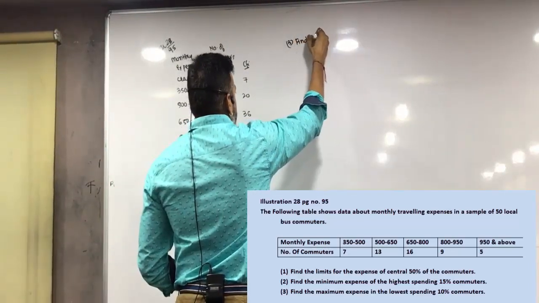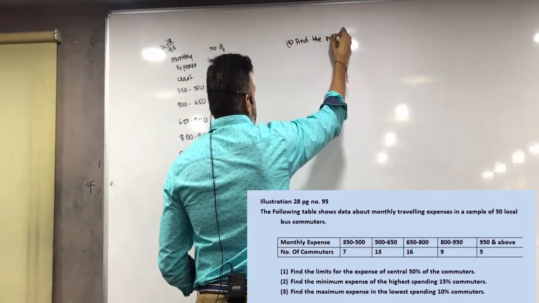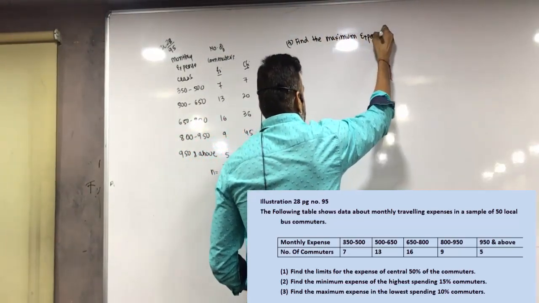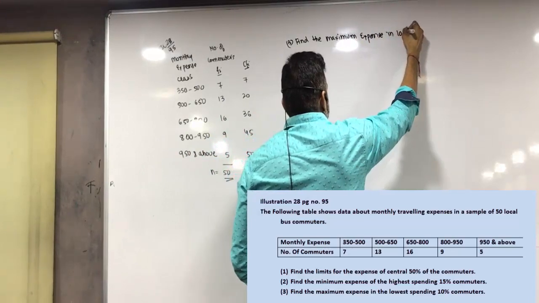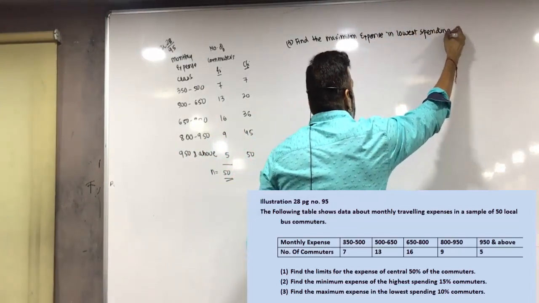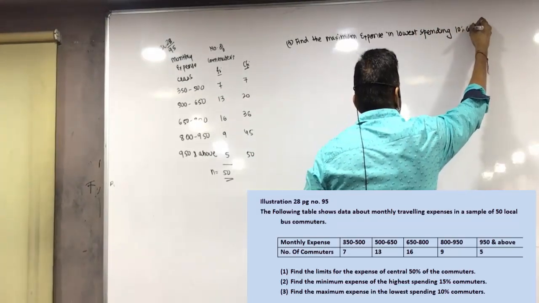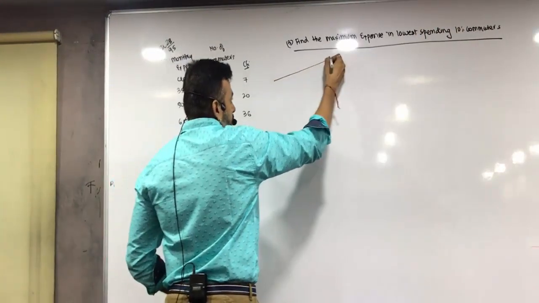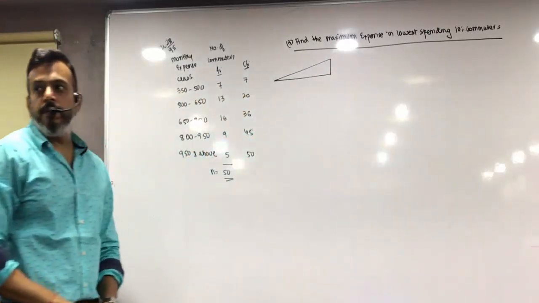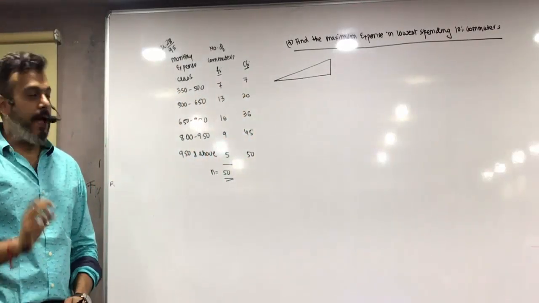Now third, find the maximum expense in the lowest spending 10% commuters. Now again, pay attention, minimum to maximum.